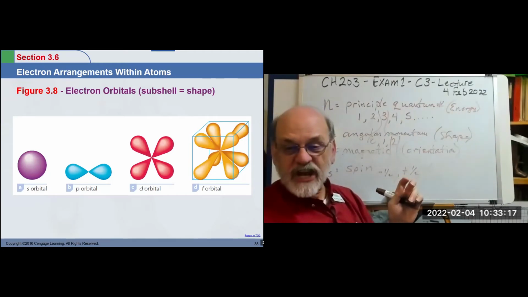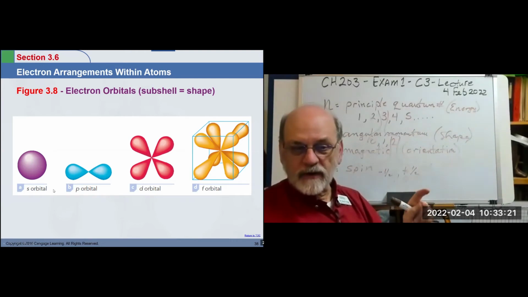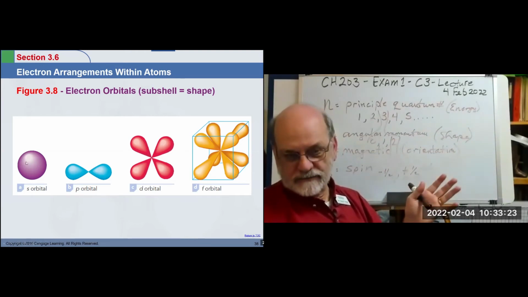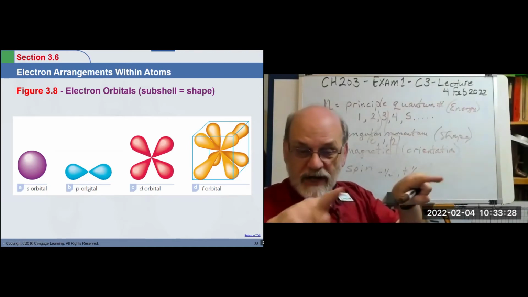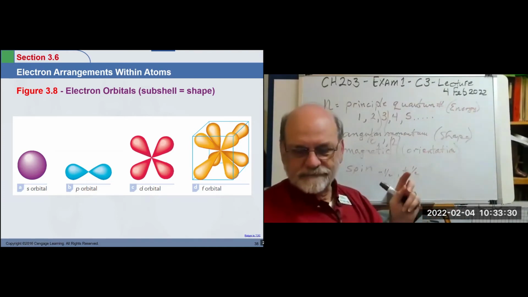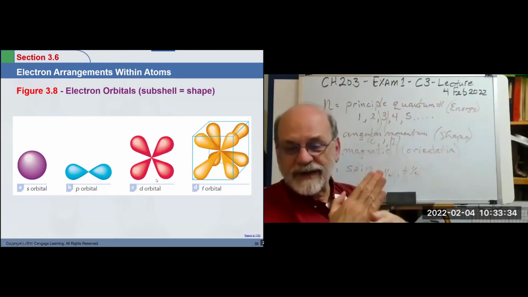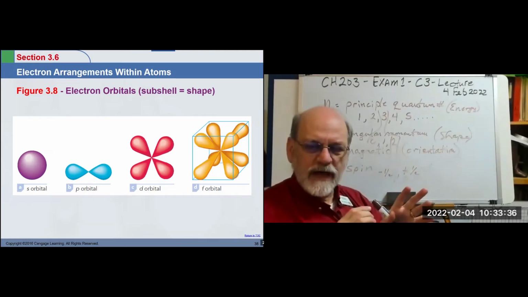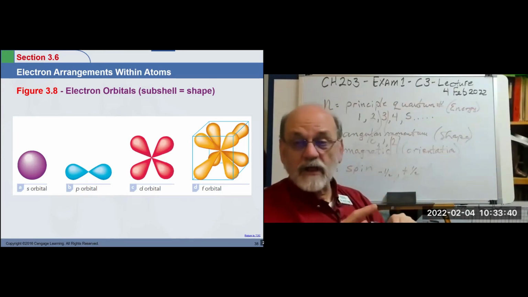So when we talk about shape here, if it's an s orbital, it's going to be spherical. If it's a p orbital, it can be shaped kind of like a dumbbell. If it's a d orbital, it can be a crossed dumbbell, but actually the d orbitals have one other one that's not listed here. It's kind of a torus.